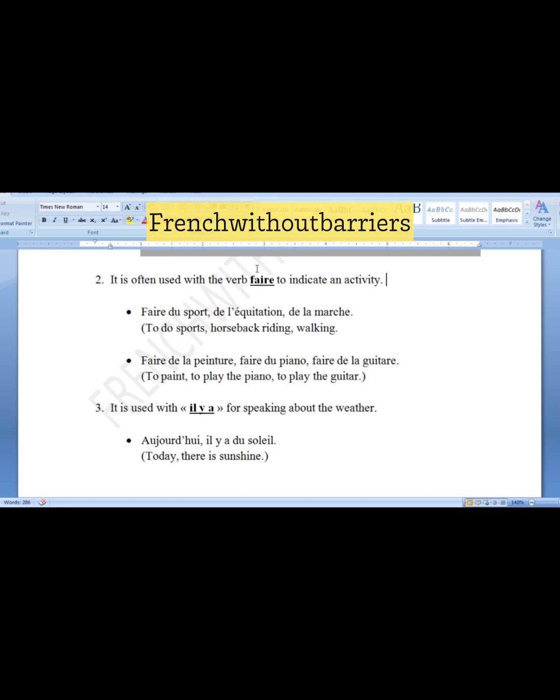If it is an activity, we are going to use our partitive articles depending on the noun that is following it. Please remember, if after faire there is an activity, we are going to use our partitive articles. Du sport, de l'équitation et de la marche.